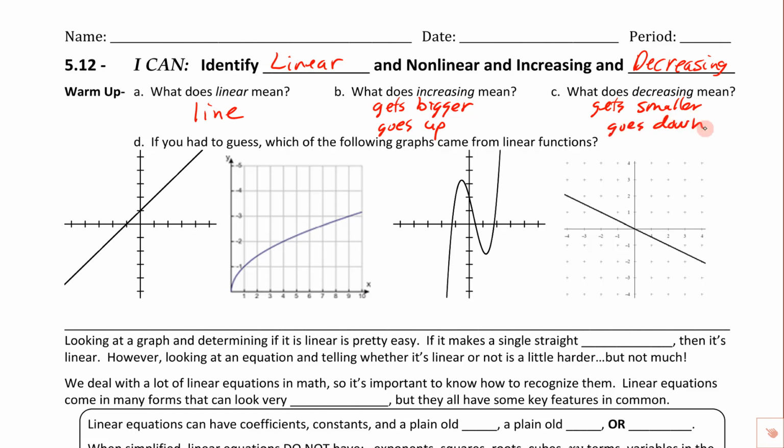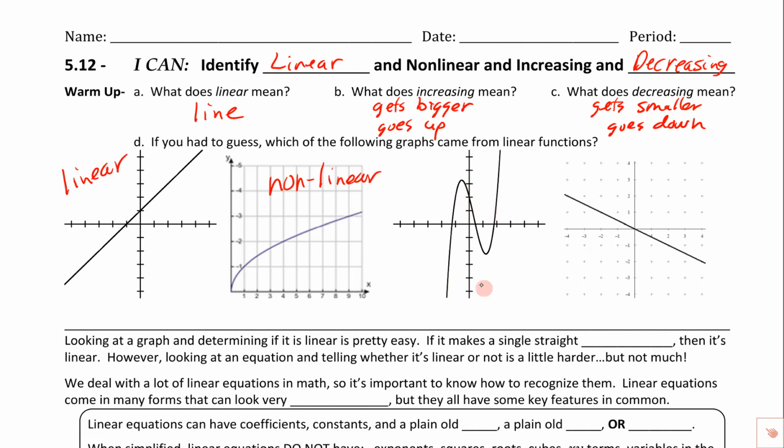Now if you had to guess which of the following graphs come from linear functions, which one would you say come from linear functions? Well, it turns out looking at a graph and telling whether or not it's linear is pretty easy because the root word says line, so this one is linear. This one right here, you'll notice it's got a bit of a curve to it. It is not a straight line, so we're going to say that this is non-linear. That's the way we describe that, non-linear.